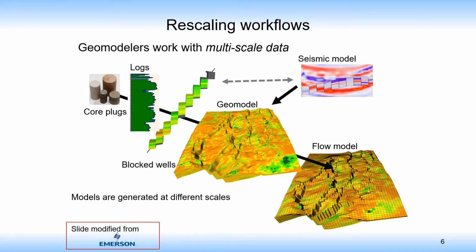When we look at the context of geomodeling, we work with a variety of data. It's multi-scale data from core, logs, to models, to even upscaled or rescaled flow models, seismic, for example. And so having a strong, consistent facies log input to the process improves our scale changes and our model integrity.